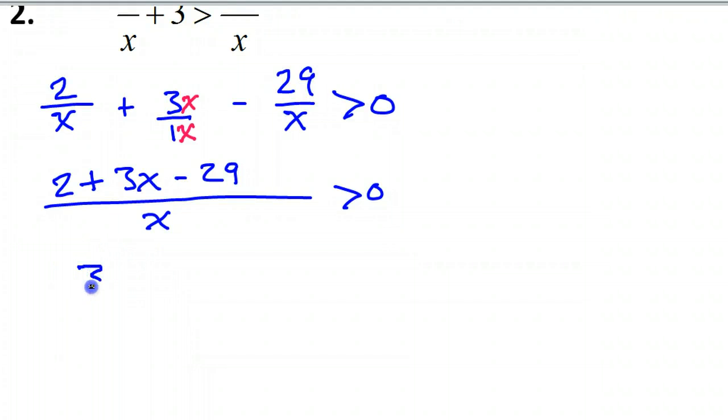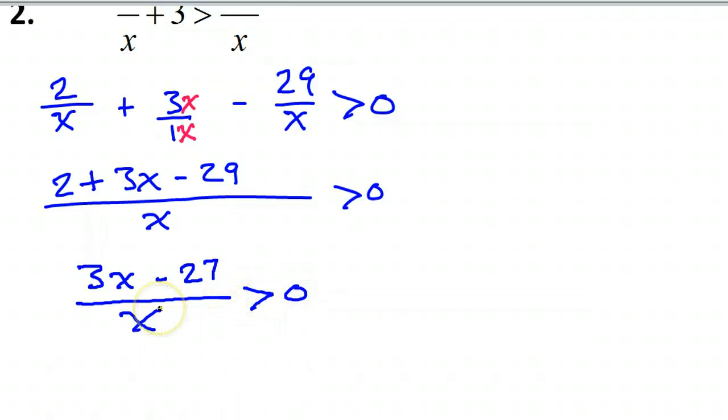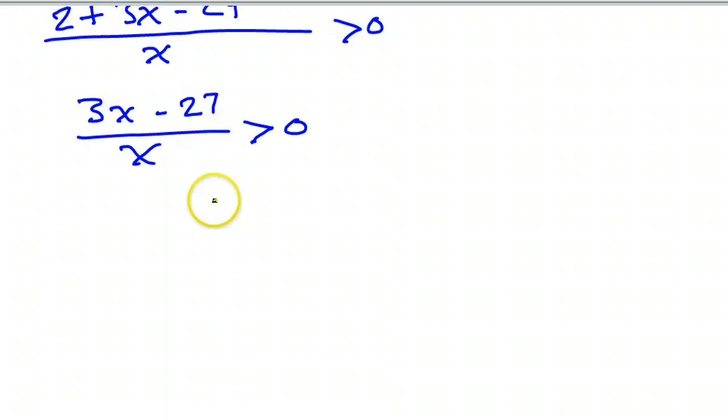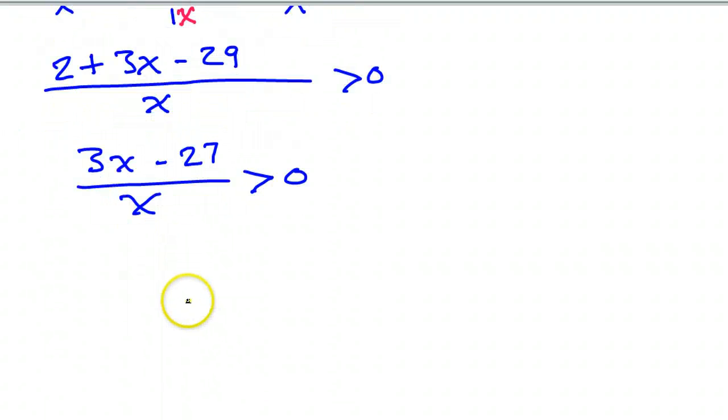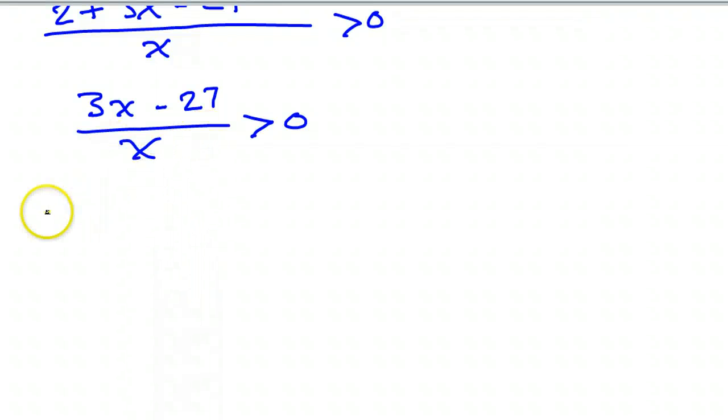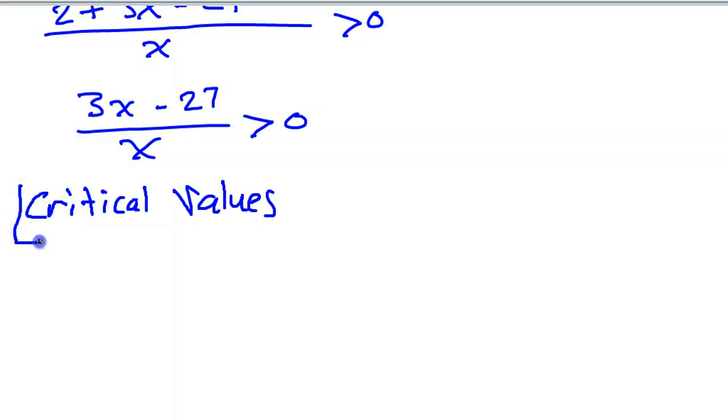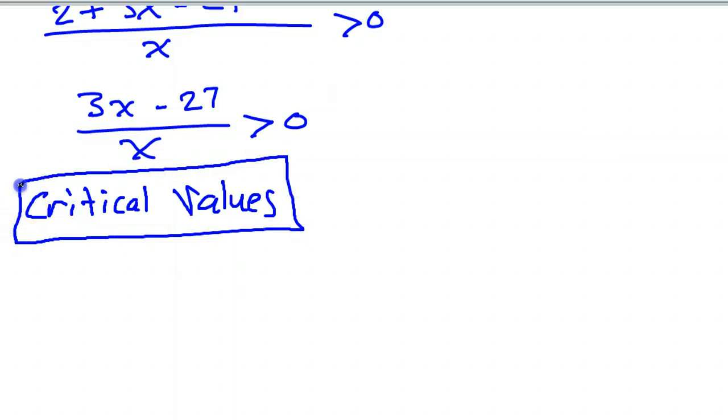But what I can do is combine these like terms. So I'll have 3x minus 27 over x is greater than 0. So this is a simplified expression. Okay, just double checking. So that's as far as we can go here. So now let's get our critical values. Critical values are zeros and excluded values.